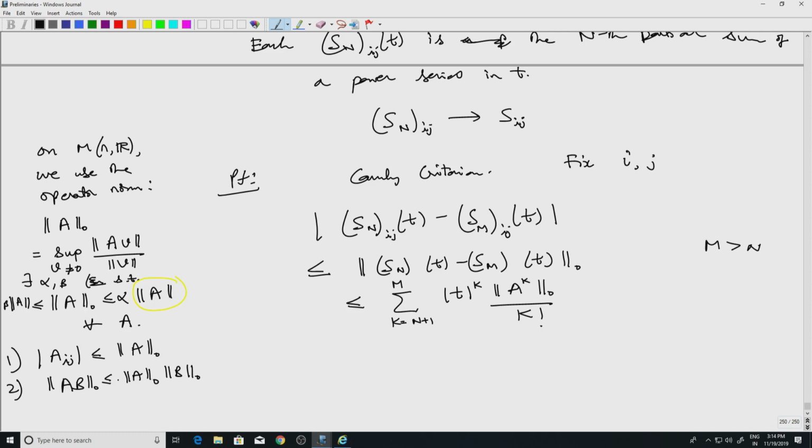So if I keep using this repeatedly, I'll get norm of A^k less than or equal to norm A to the kth power. So this is less than or equal to the sum from n plus 1 to m of modulus of t to the power k, times norm of A naught raised to power k, divided by k factorial.